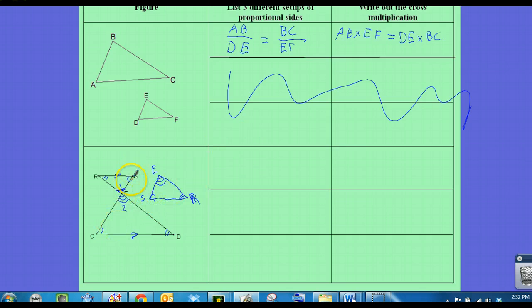Okay, so let's set up proportionate sides. ES over EC equals ER over ED.